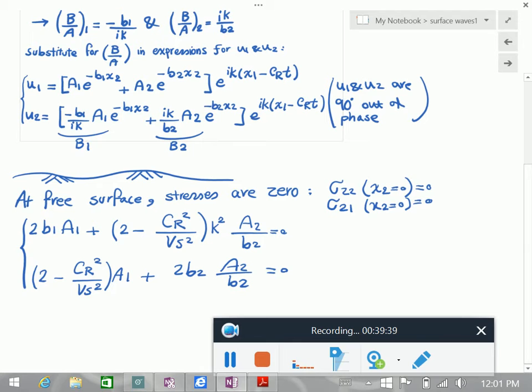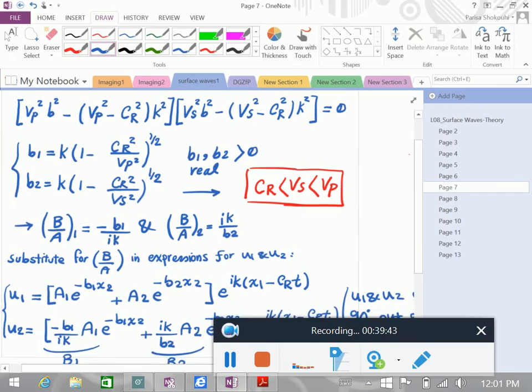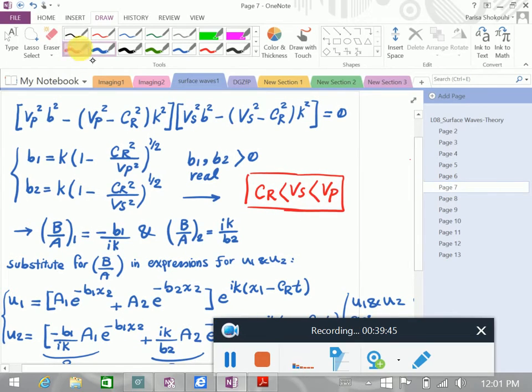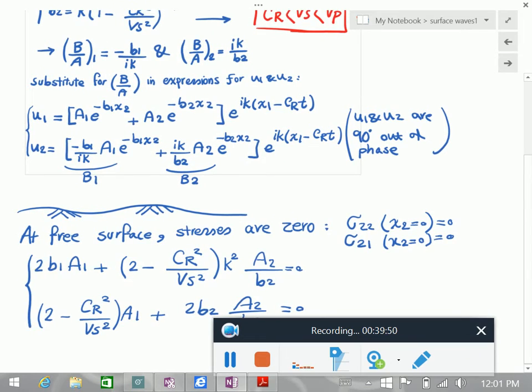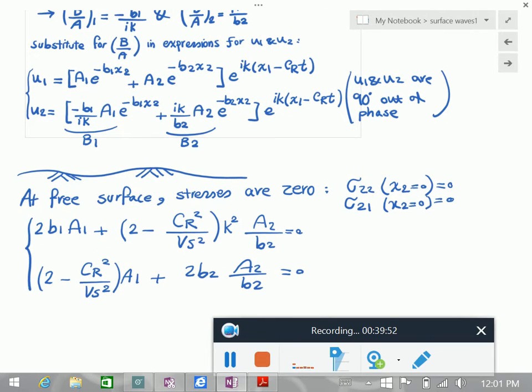I kept these equations here so that we review what it means not to have trivial answers. This is an equation you can think of as solving for A1 and A2, correct?